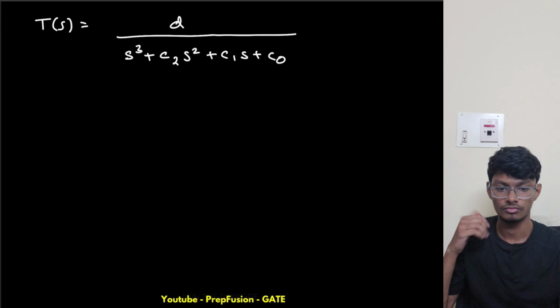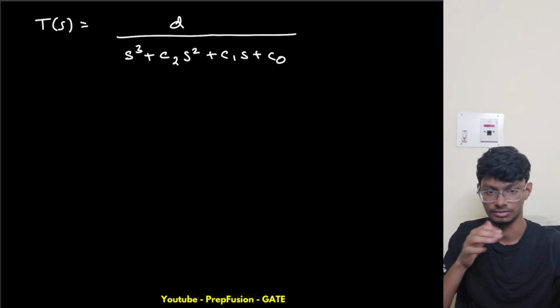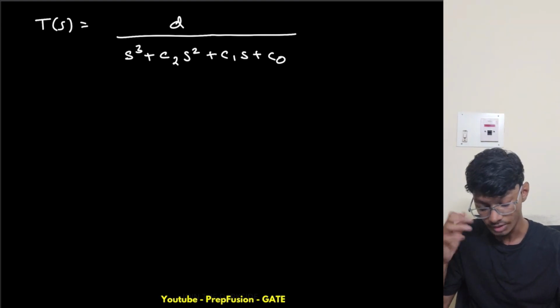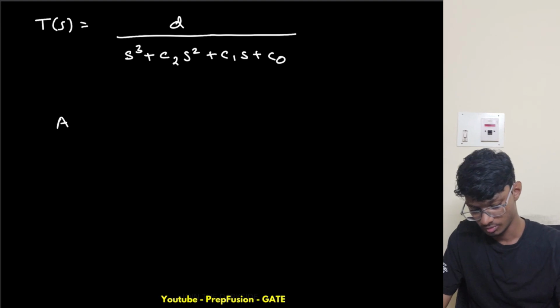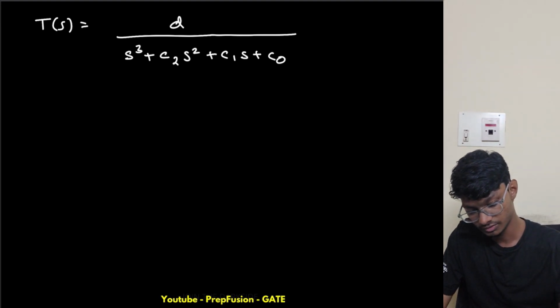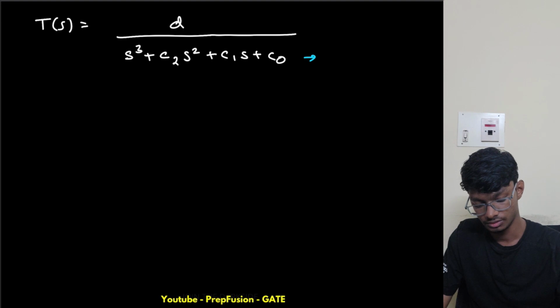So how will my A matrix look like? First of all, this is a third order system, so my A matrix will look something like this.